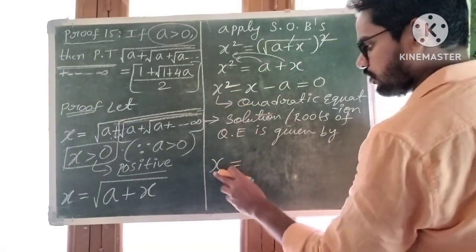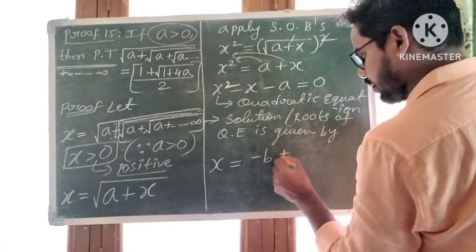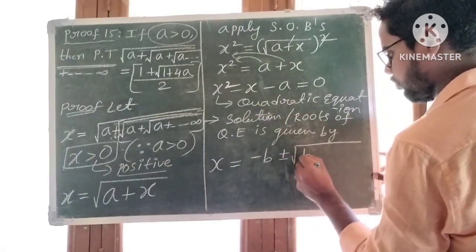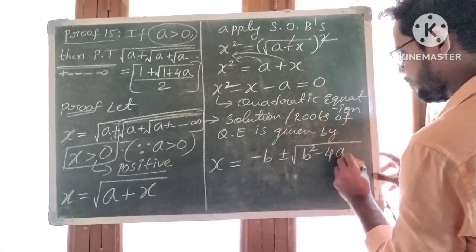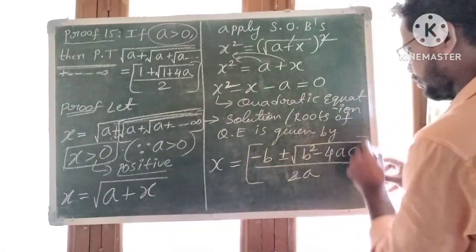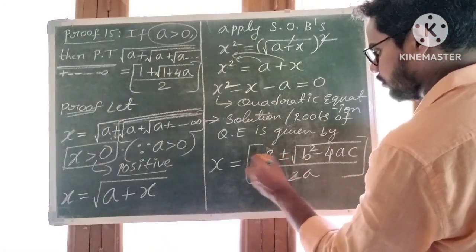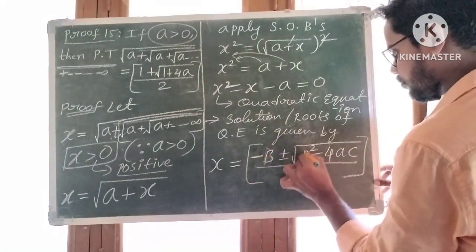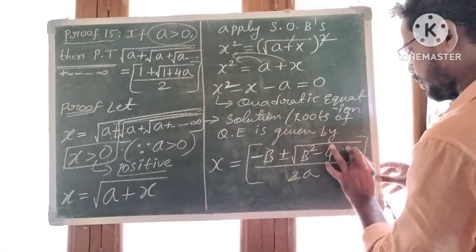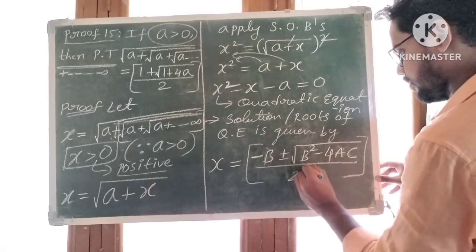So x is equal to, here x means solution or root, minus b plus or minus root over b square minus 4ac by 2a. To avoid confusion, let us consider capital letters.